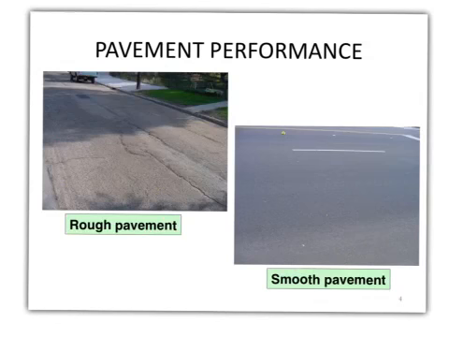This is a good example of a smooth pavement where you're going to drive safely, and at the same time the fuel consumption driving on a smooth pavement is going to be significantly lower than driving on a rough pavement.